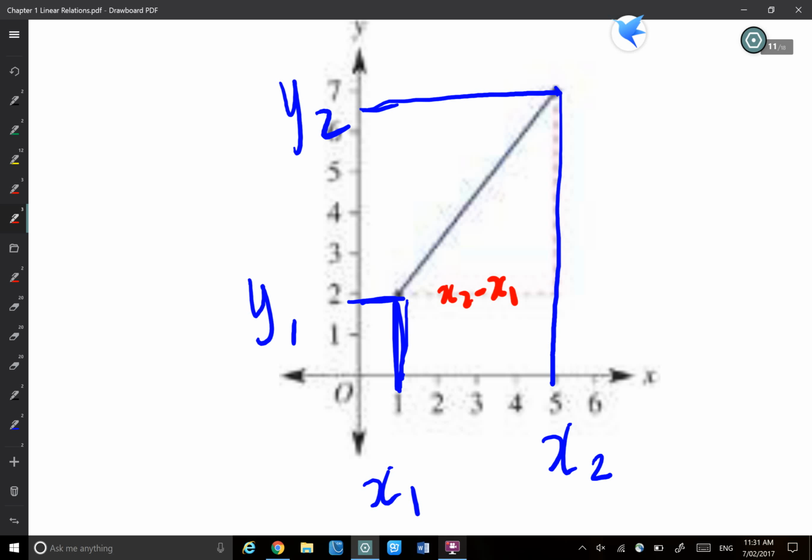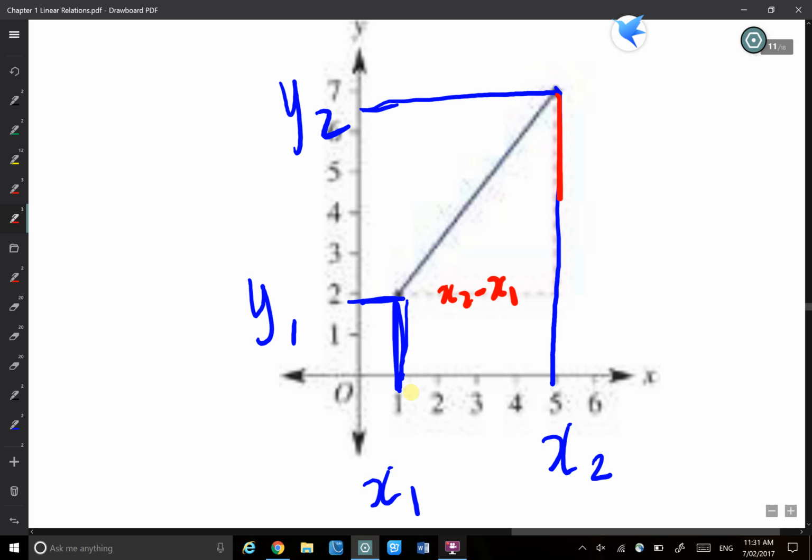And if you want the vertical length, the vertical will be the upper one subtract the lower one, you get the value in the middle. So for this length, you get y2 minus y1 here.